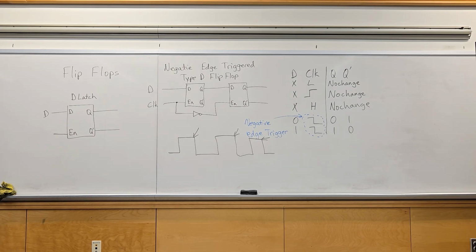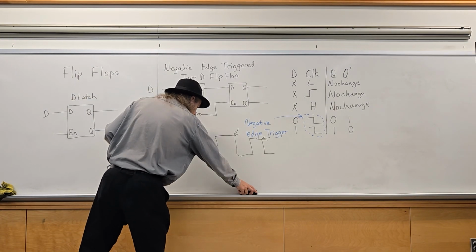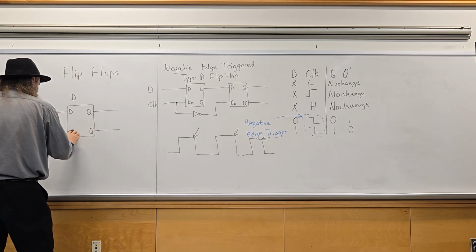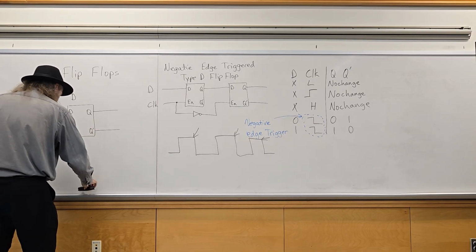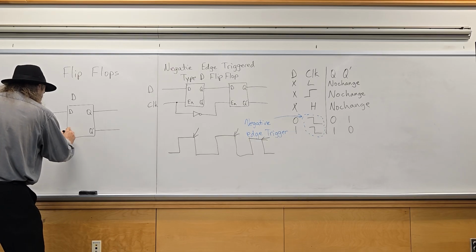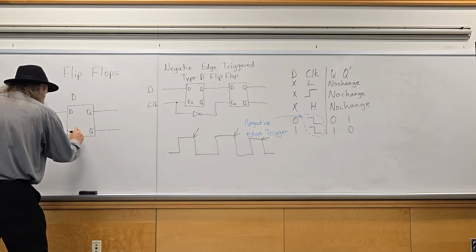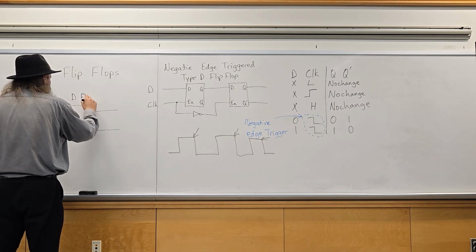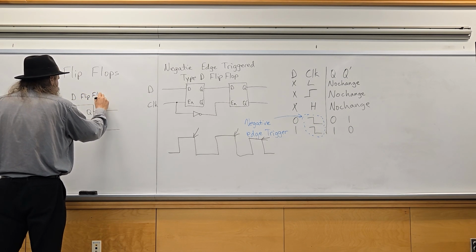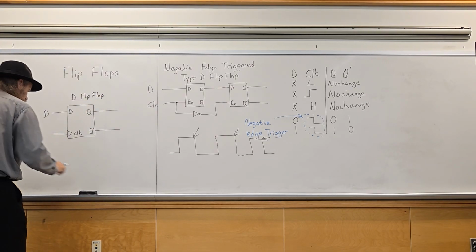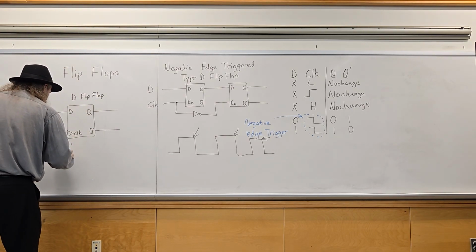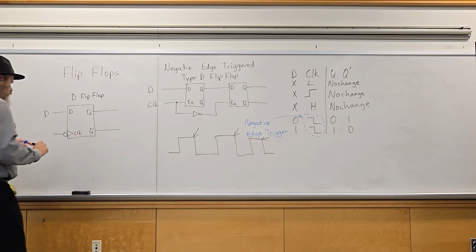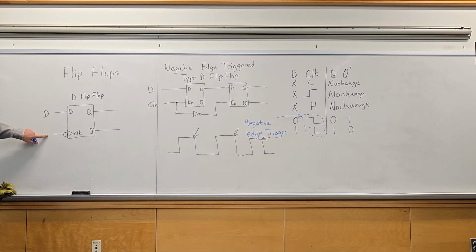But in the end, your D flip-flop has a slightly different symbol. For the negative edge trigger that I just showed you here, it has an inverted bubble here on the clock input.